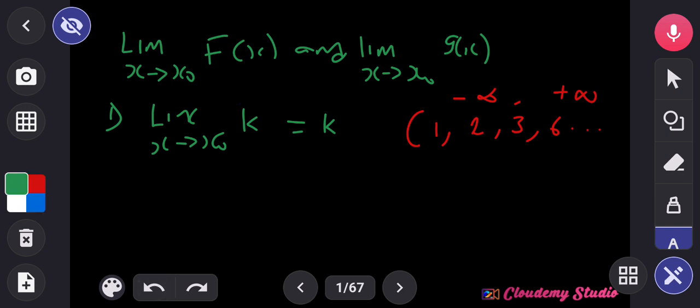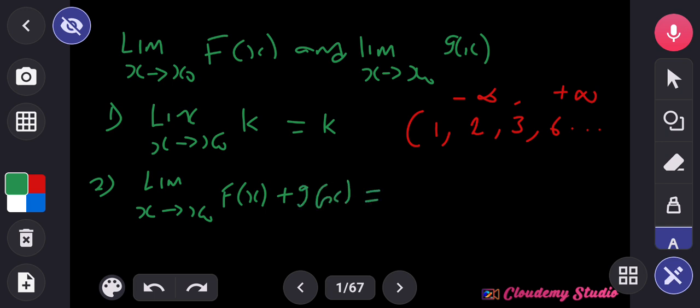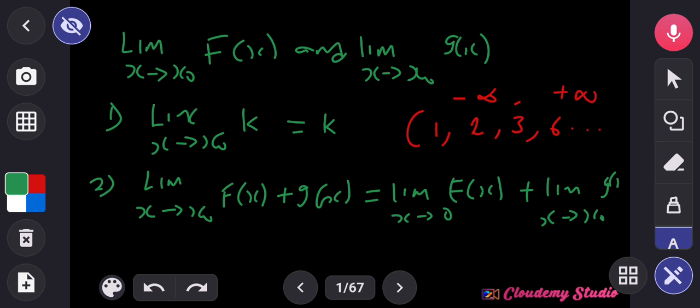The second property is that the limit of x tends to x naught of f of x plus g of x is going to give you the limit of x tends to x naught of f of x plus the limit of x tends to x naught of g of x.